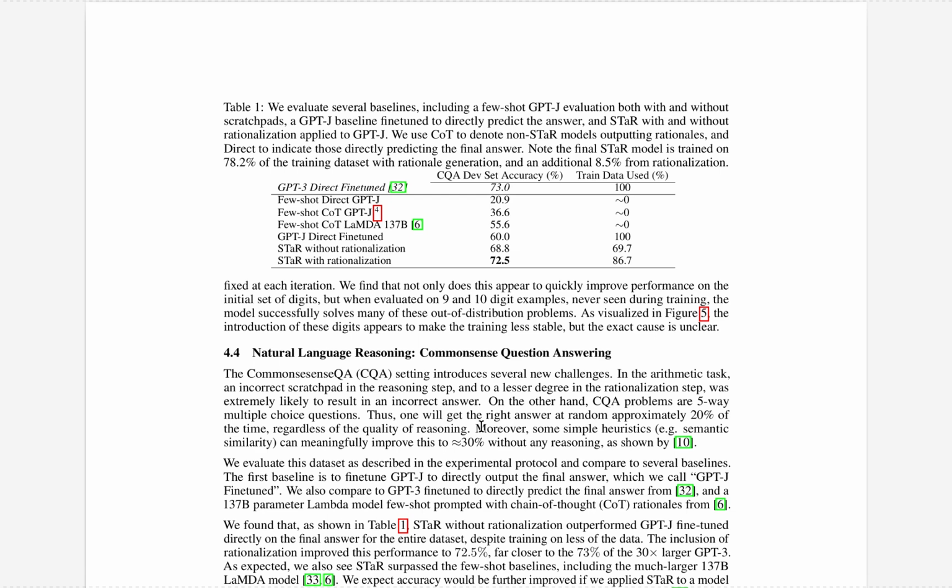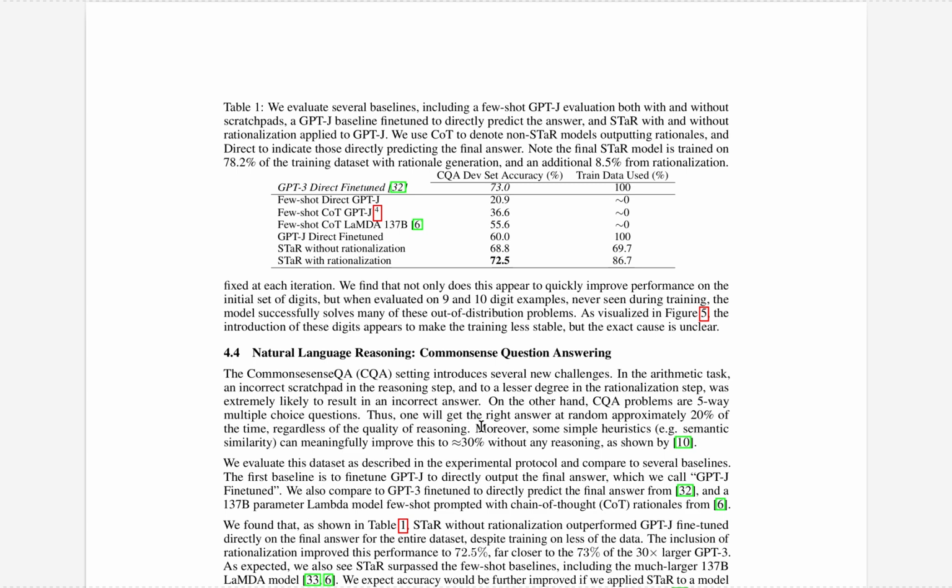Table 1. We evaluate several baselines, including a few-shot GPTJ evaluation, both with and without scratchpads, a GPTJ baseline fine-tuned to directly predict the answer, and STaR with and without rationalization. Applied to GPTJ, we use COT to denote the non-STaR models outputting rationales, and direct to indicate those directly predicting the final answer.